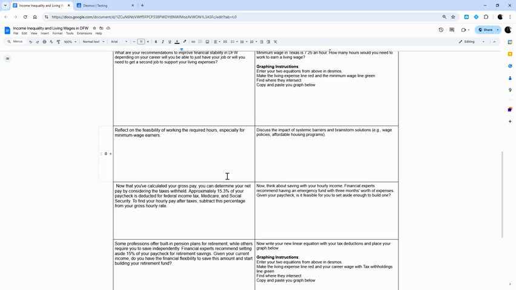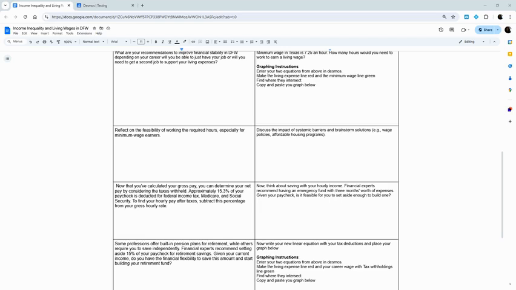So once they see how much they make a month, they're going to have to tax that. So if say they make $20 an hour times 40 times 4, then they're going to have to take taxes out.